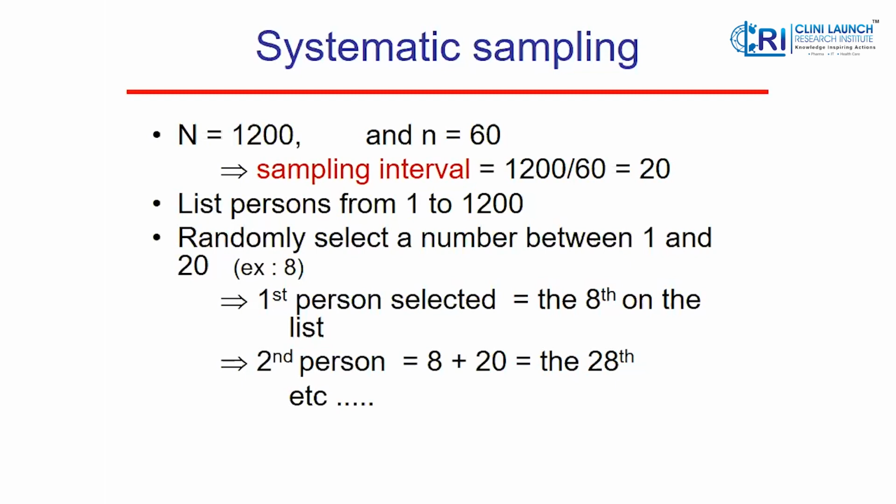For example, if you want to select a sample of 60 from a population of 1200, you would need a sampling interval of 1200 divided by 60, which is 20. Therefore, the k value is 20. So you will need to select one unit out of every 20 units to end up with a total of 60 units in your sample from the 1200 population.